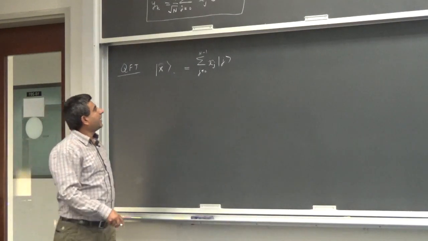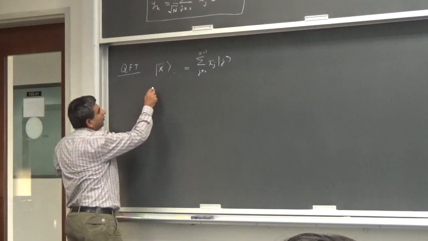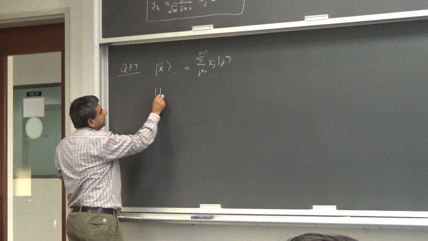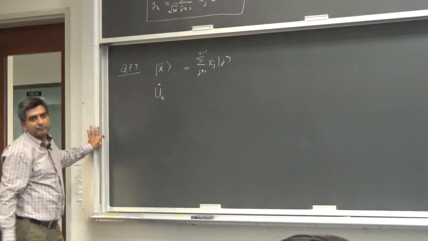Alright. Now if I were to take the Fourier transform of this x, let's represent the action of Fourier transformation by a unitary operator U_Q.